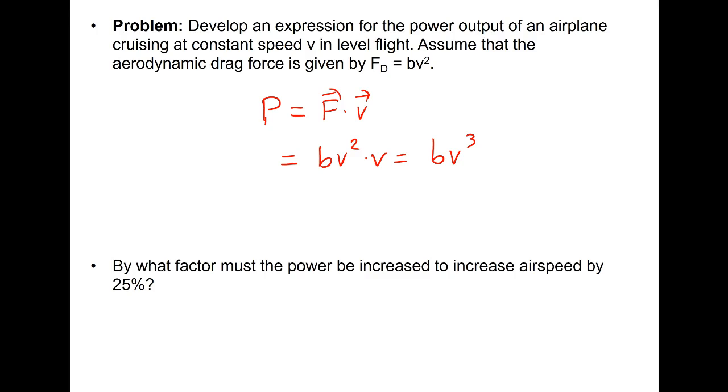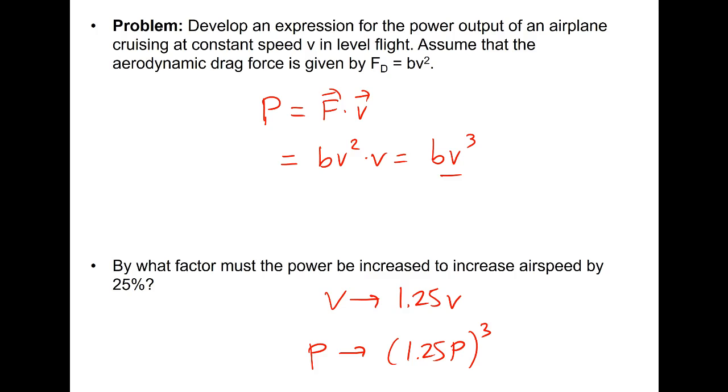Okay, so if we want to increase the airspeed by 25%, then that means that v turns into 1.25 v, which means that the power must turn into 1.25 cubed times the power, because power seems to depend on v cubed.